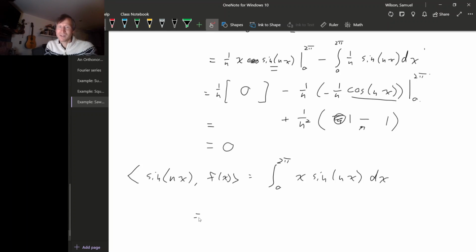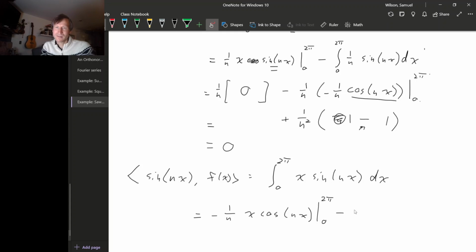Okay, and again we need to use integration by parts. So we're going to get minus 1 over n x times cosine nx at 0 and 2 pi.